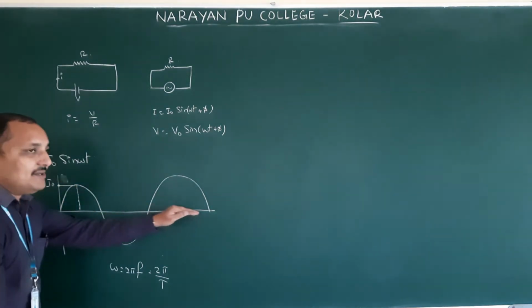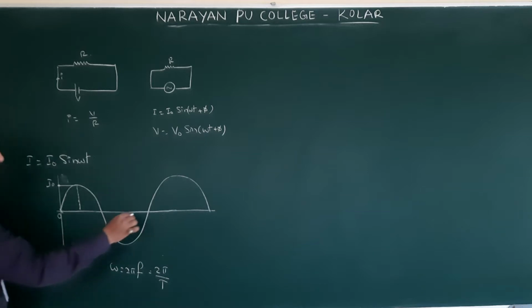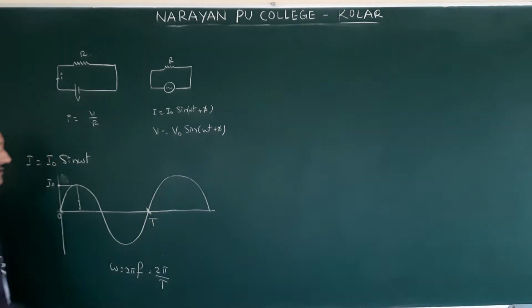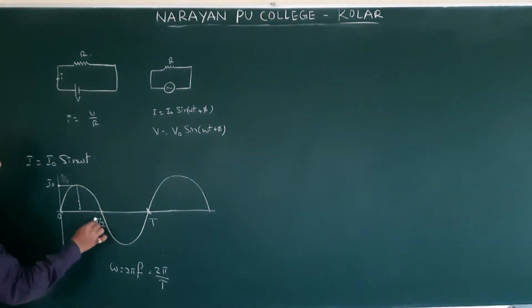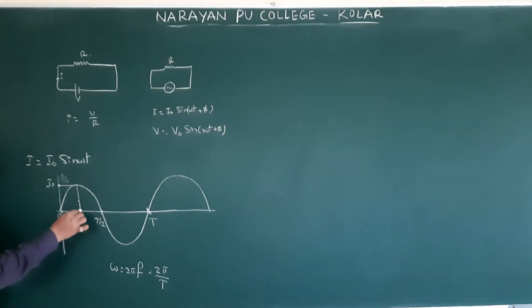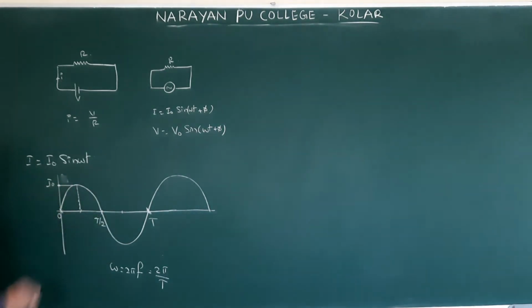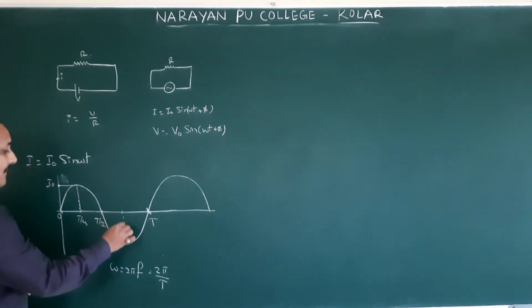How is this time going to vary? For one complete wave, initially time is 0. To complete one wave, it takes time period capital T. This is T by 2. So in this half it is T by 2, and here it becomes one quarter, so T by 4.